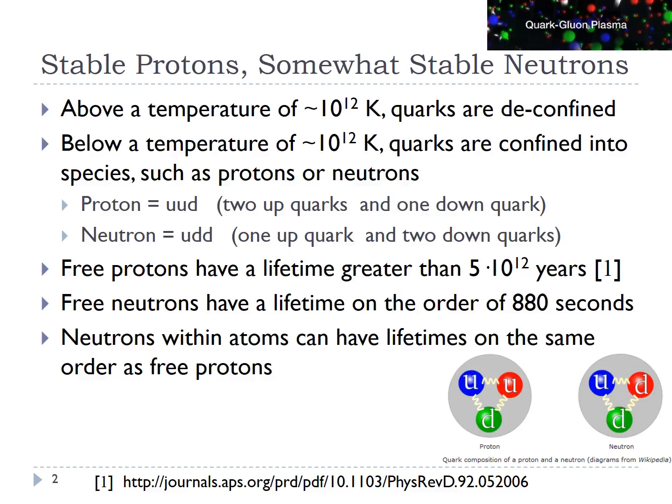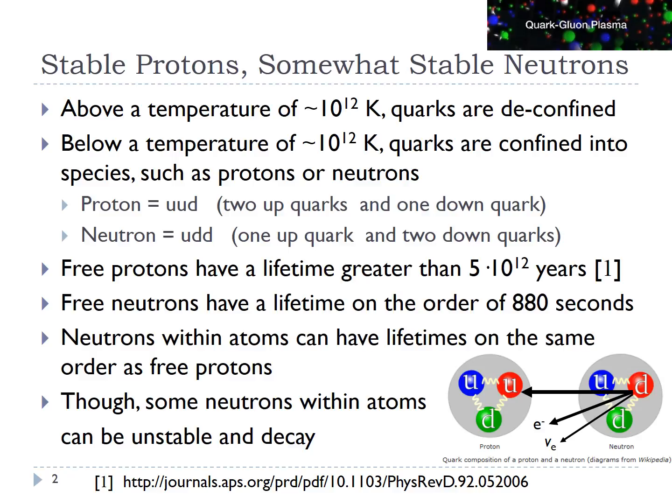So you might be wondering, how am I made out of protons and neutrons if neutrons aren't stable? The reason is that a free neutron is not stable, but a neutron within an atom interacting with other protons can be stable, for as long as we can measure.